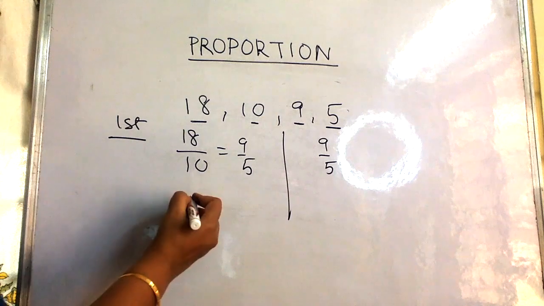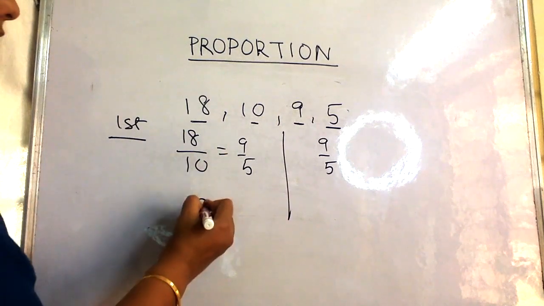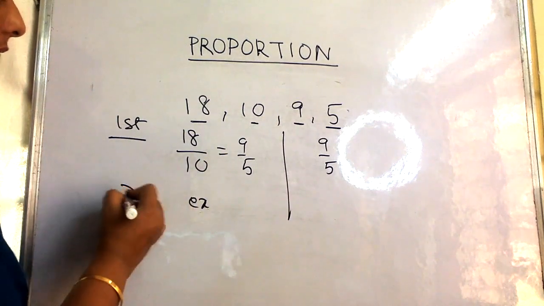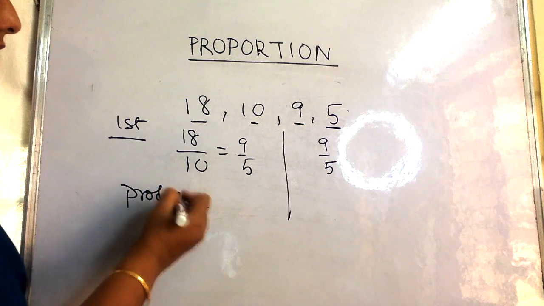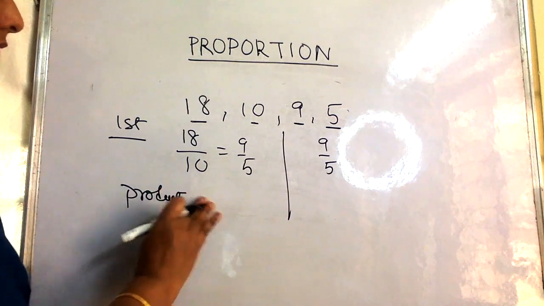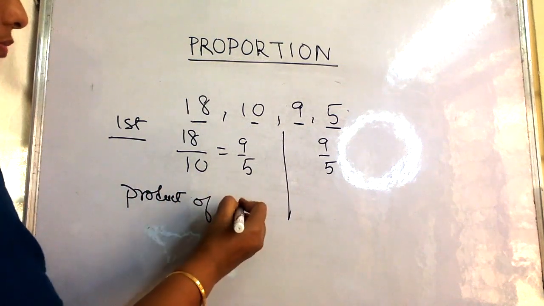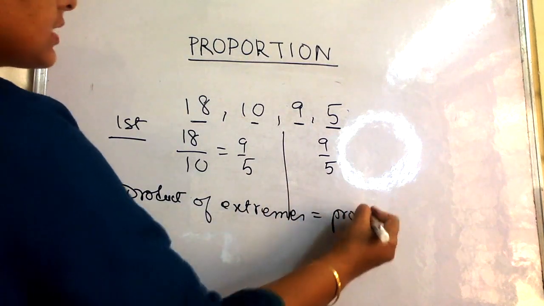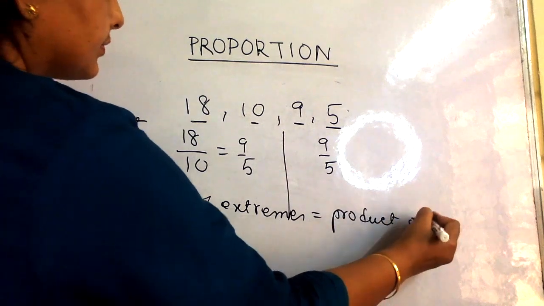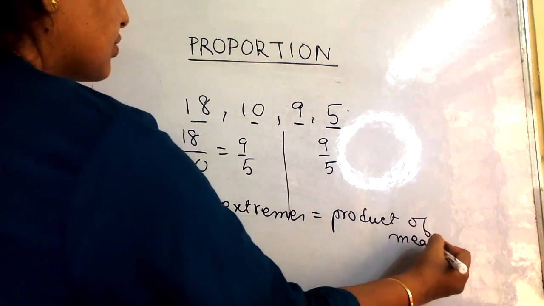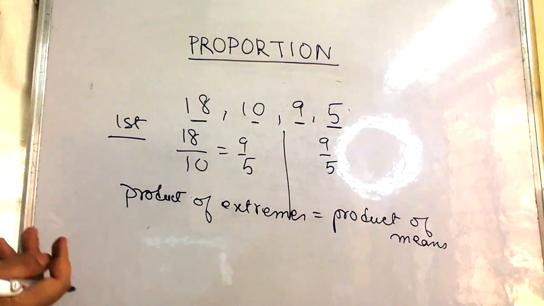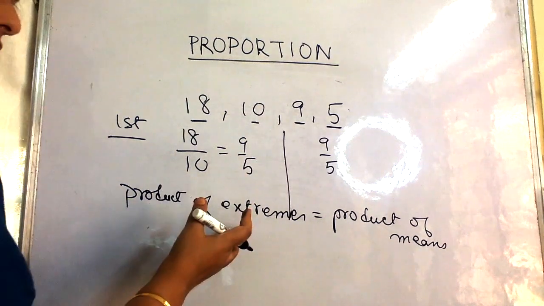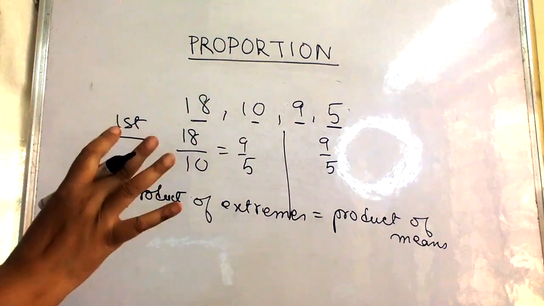The other method that you generally use in schools is product of extremes is equal to product of means. Sometimes it is very quick, so we use it. Now, if product of extremes is equal to product of means, then these four are in proportion.